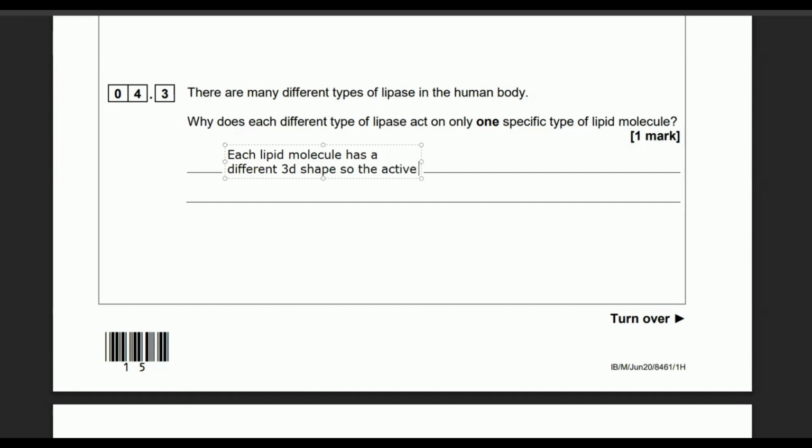So the active site of each lipase enzyme has to be complementary to that specific molecule. So it's basically different lipids have different shapes. You get the idea. And the active site has to have a special shape that fits a specific lipid molecule. It can't fit all of them. Okay, quite a difficult question.